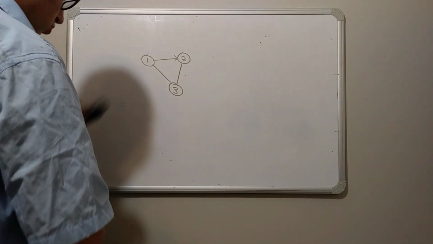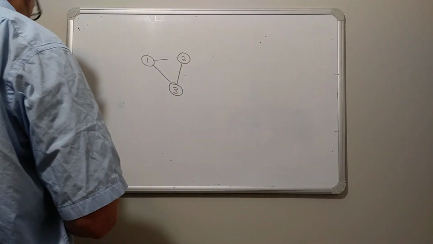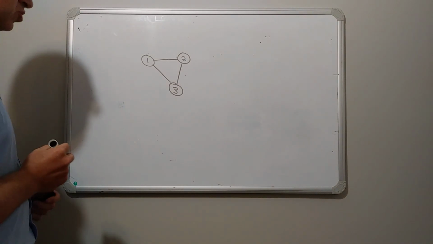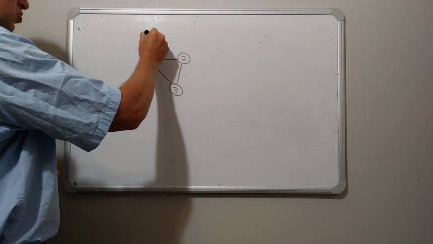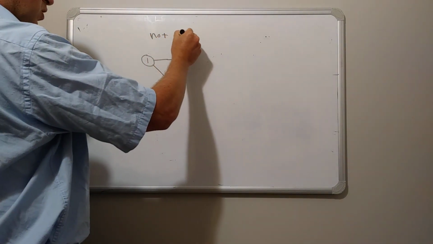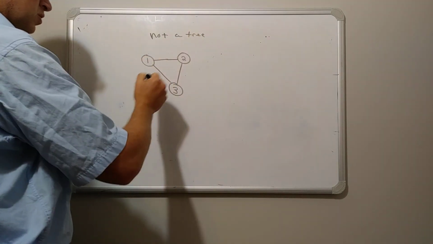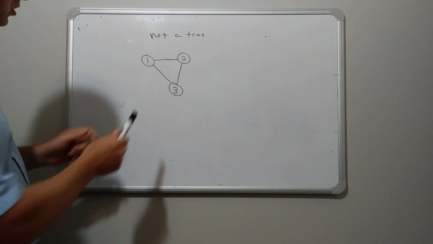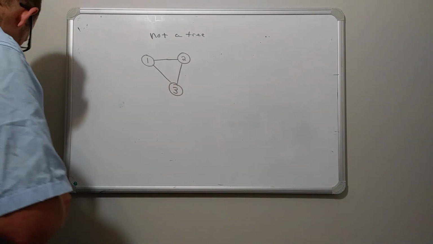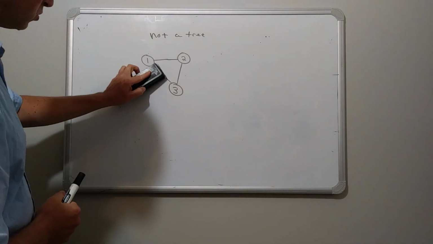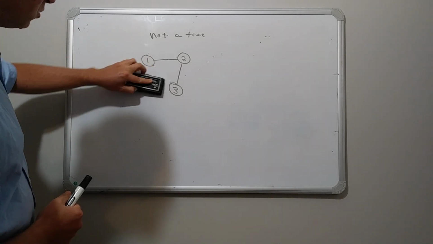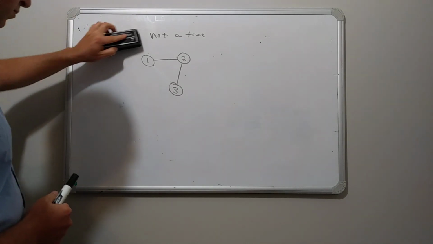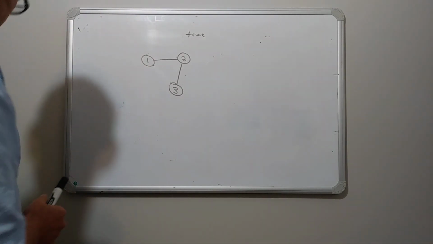Let's make this an undirected graph, so we won't have arrows in this case. So this is not a tree. It is a graph. So what makes it not a tree is that it contains a loop. Now if we erase one of these arcs, it's now a tree.